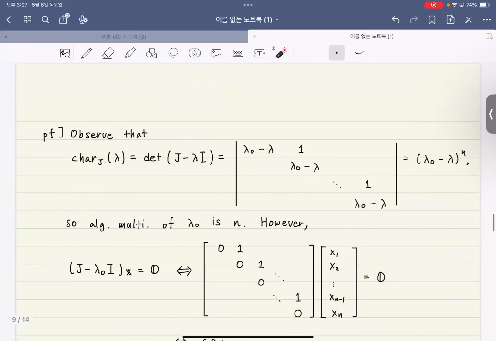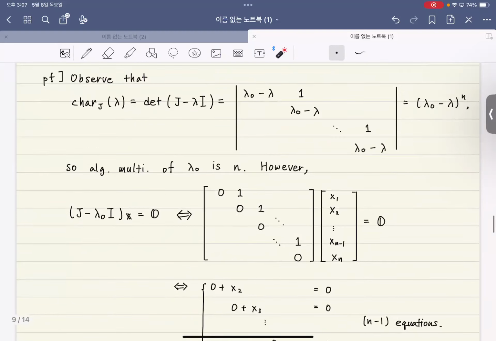The proof is very easy. Just consider its characteristic polynomial. If you compute the determinant, it is (lambda 0 minus lambda) to the n, so its algebraic multiplicity is n. Now we want to compute the geometric multiplicity, or the dimension of the eigenspace of lambda 0. So (J minus lambda 0 I) x equals 0.